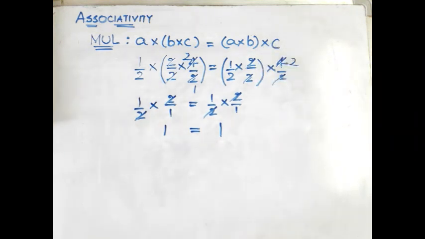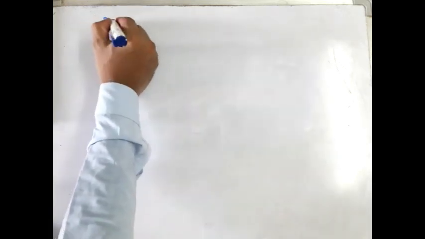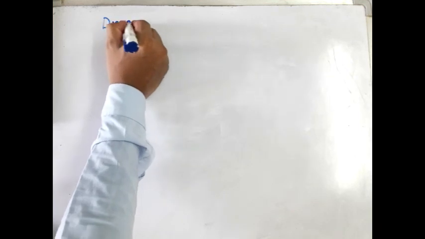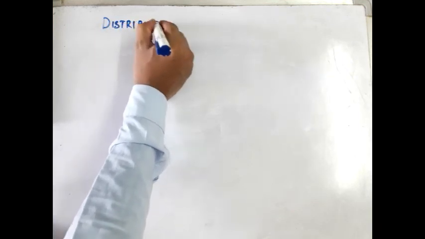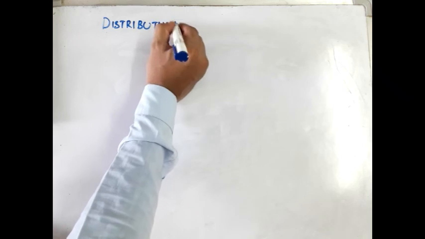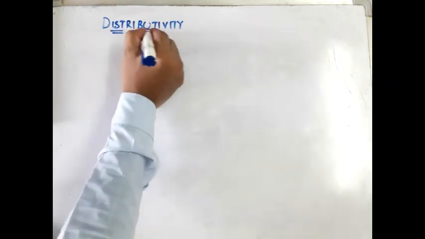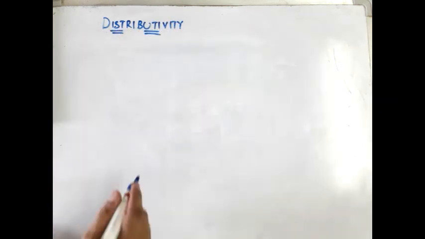And the final one is distributive property. Let us check with that. So the next one is distributive property or simply distributivity. Okay, look. So in this you have to remember mainly two concepts.